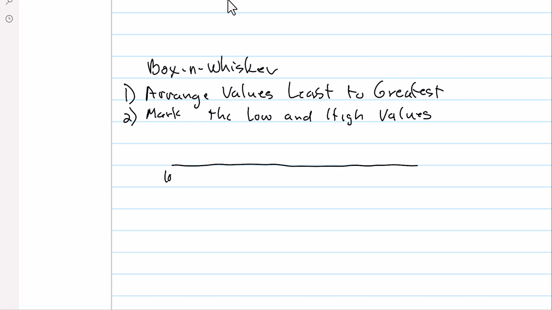Then, with the values listed in order, find the median. If there's an even number, you'll have to add the two middle numbers together and divide by 2. If there's an odd number of values, it's just the middle value. Find the median and mark that on the line.